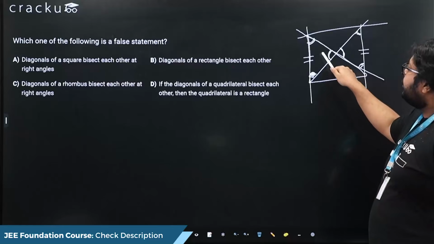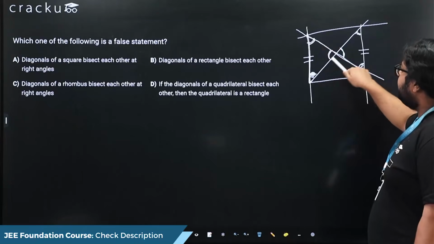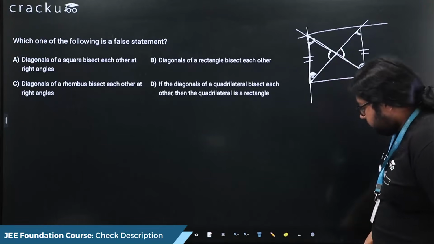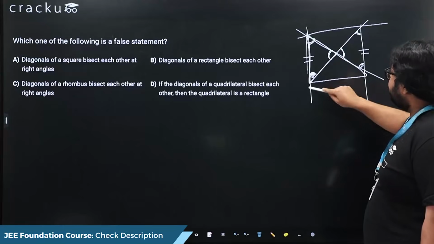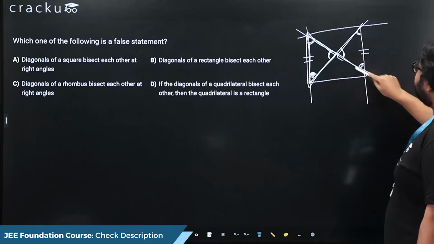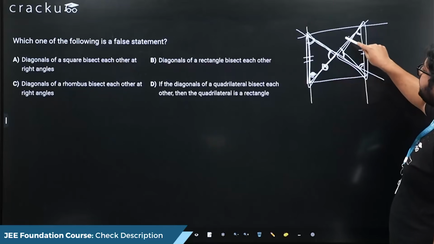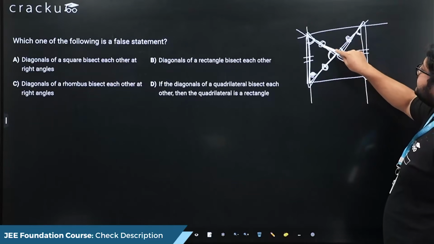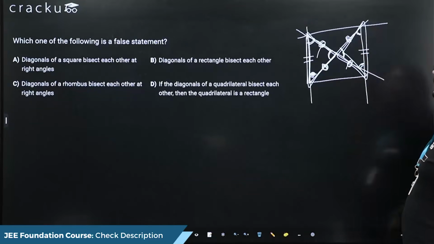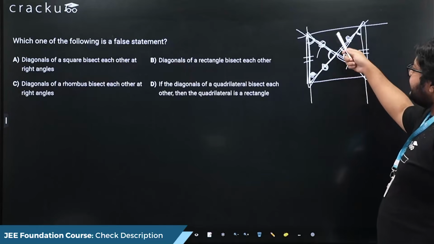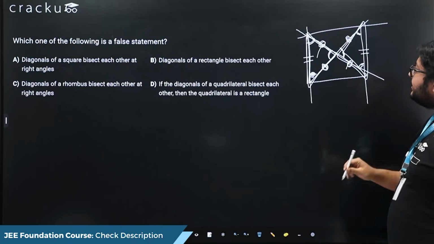So basically, I could prove that this triangle is similar to this triangle, which means this side is equal to this side and this side is equal to this side. So we can say that the diagonals are bisecting each other.